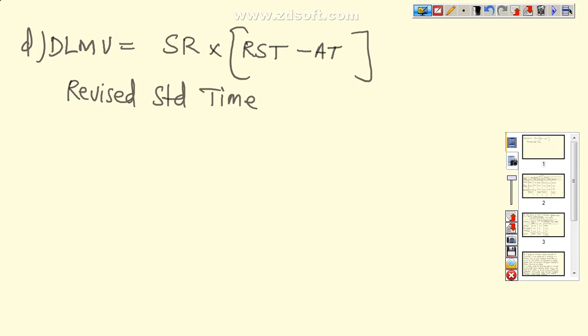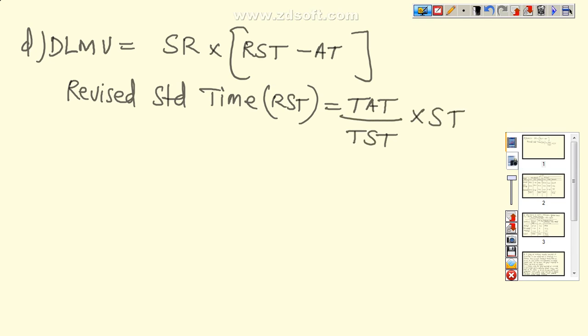RST is equal to total actual time upon total standard time multiplied by standard time, calculated for all three categories: skilled, semi-skilled and unskilled.